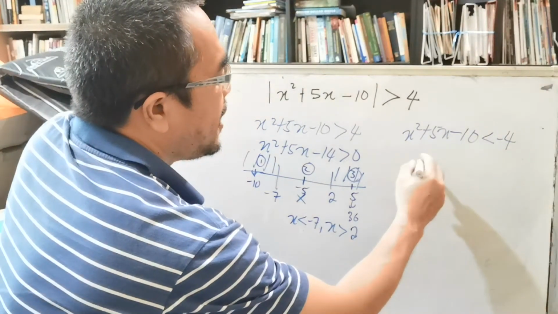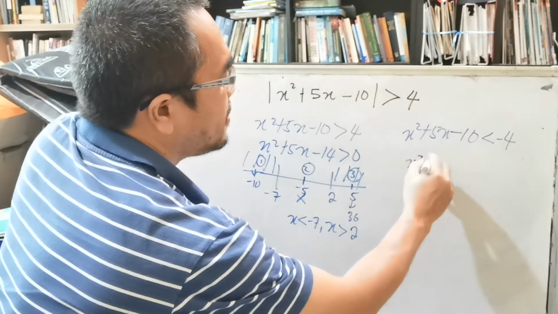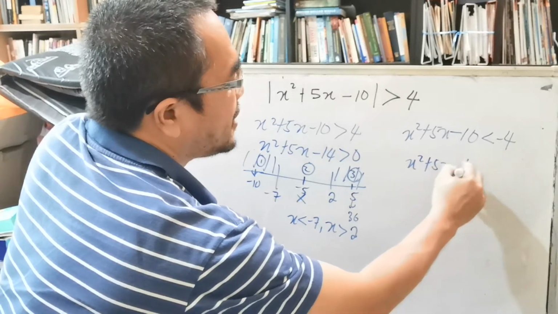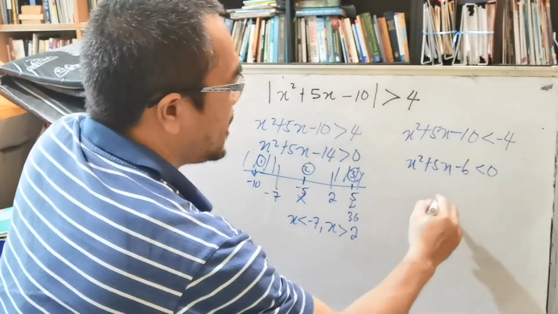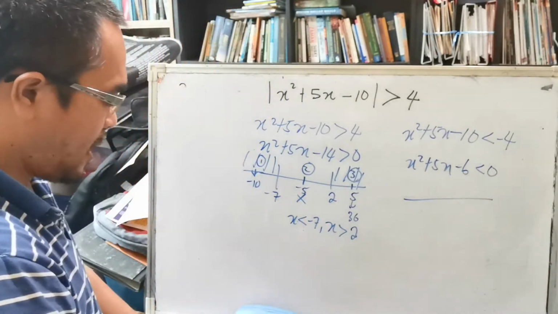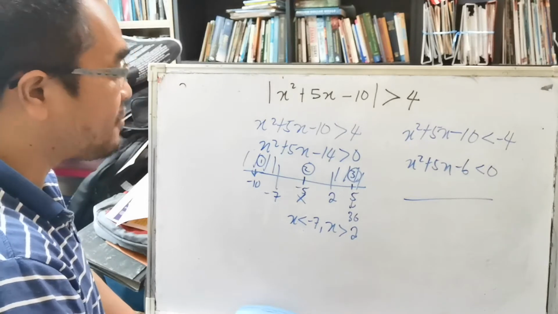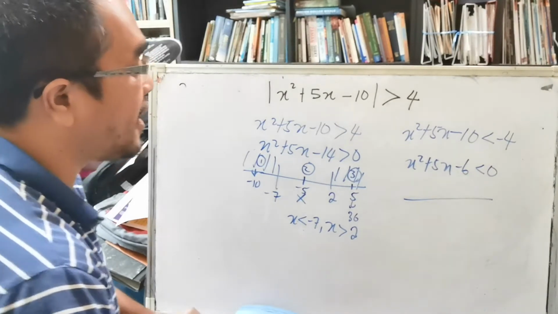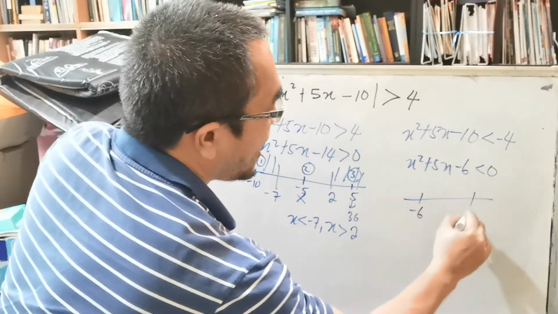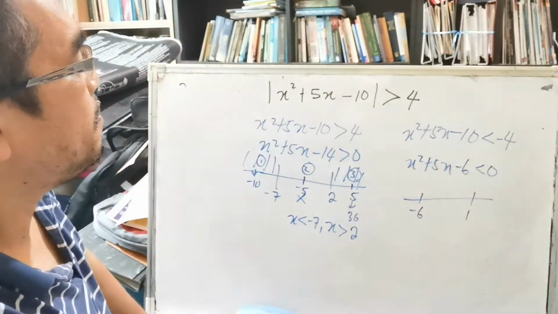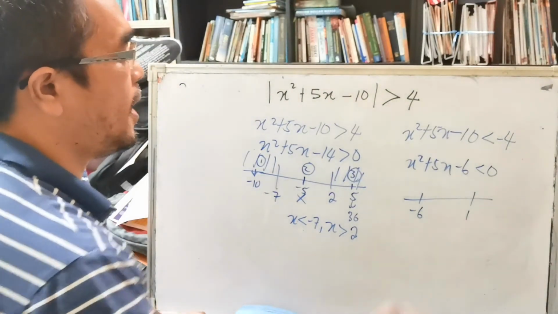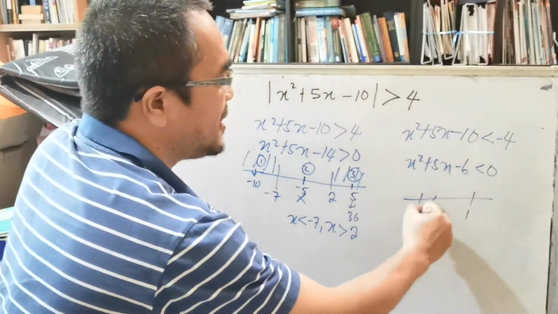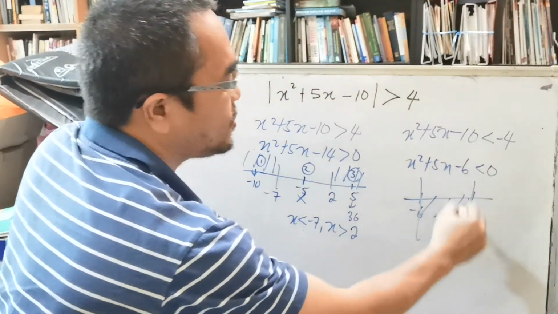Now let's do the second one. −10 plus 4 will be −6, less than 0. Again, we draw a number line. A is 1, B is 5, C is −6. So the roots are 1 and −6. If you still remember, if this is less, it's always inside, between the two values.